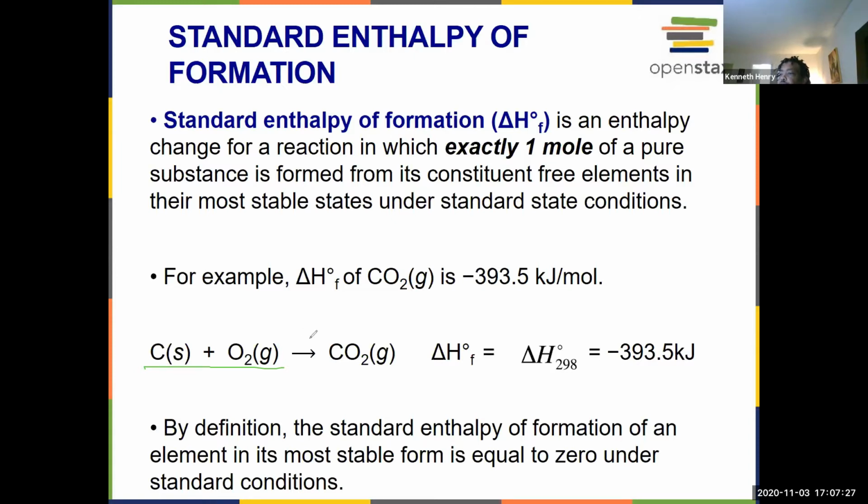In the case of carbon dioxide, carbon and oxygen gas come together to make carbon dioxide. The enthalpy of formation is written with a degree sign and f, so delta H degree f, and that's equal to the standard enthalpy at 298 Kelvin.